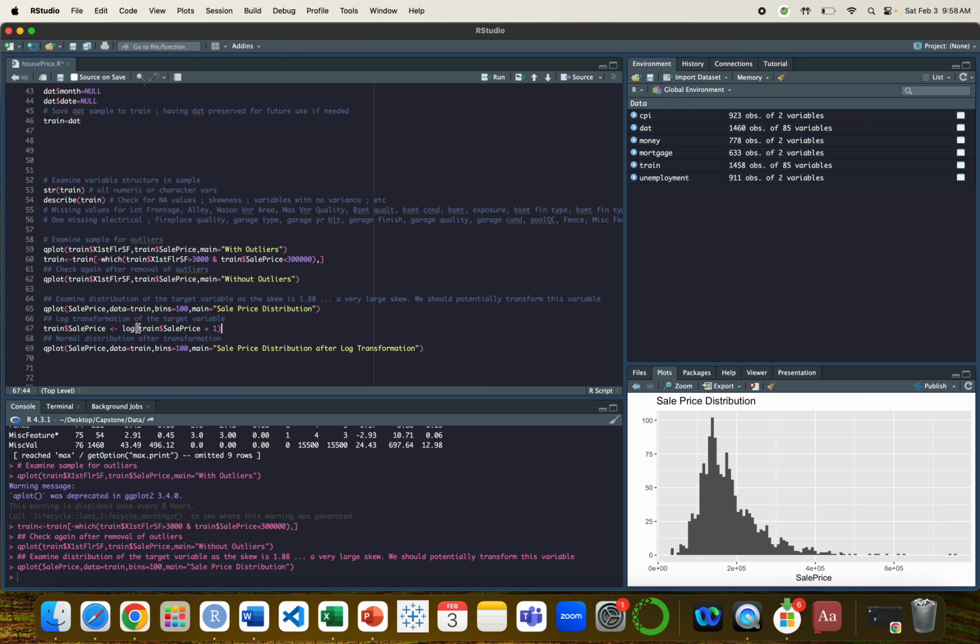And what I do here is I put log and I train plus the sale price. When you log a value, if it's zero, so if there's a house price with zero, then it's not able to be logged. It'll have an infinite error, INF. So that's why we just add +1 to every observation. It doesn't really do anything because it's still the same exact transformation.